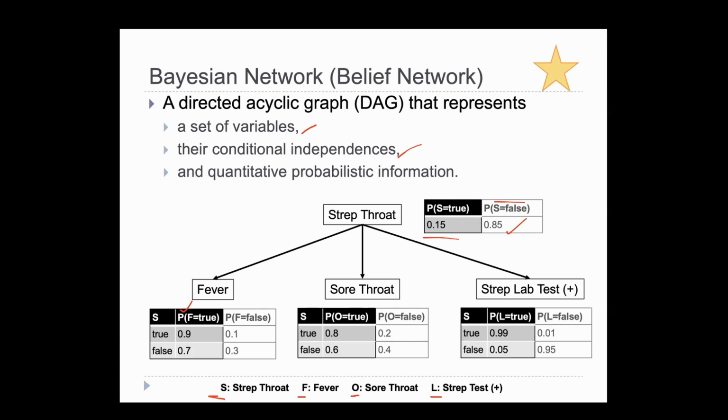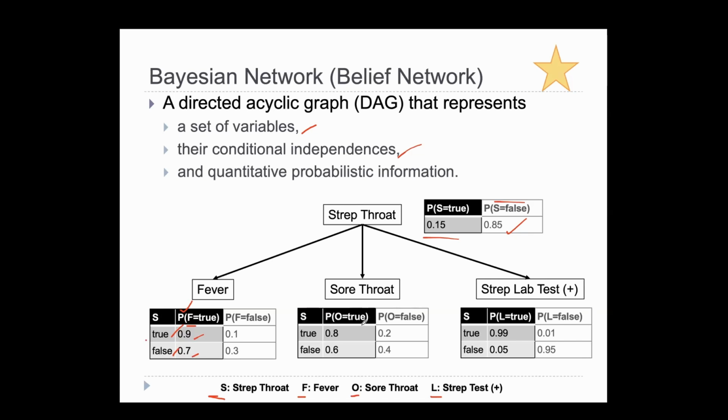So we have the conditional probabilities: probability of fever given strep throat, probability of fever given not strep throat. So what is the probability of fever if the patient has strep throat? What is the probability of fever if the patient doesn't have strep throat? We'll have those values.